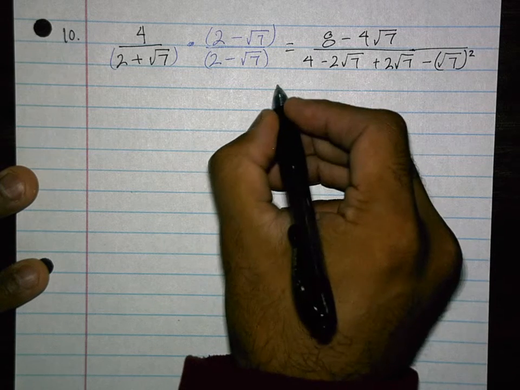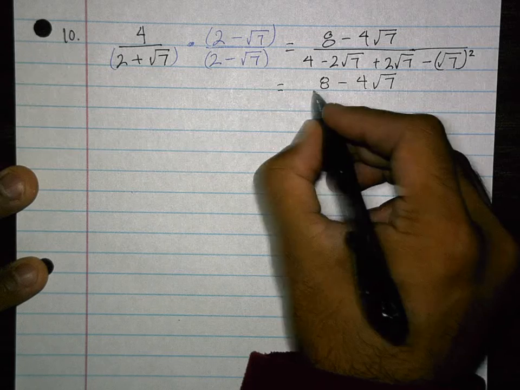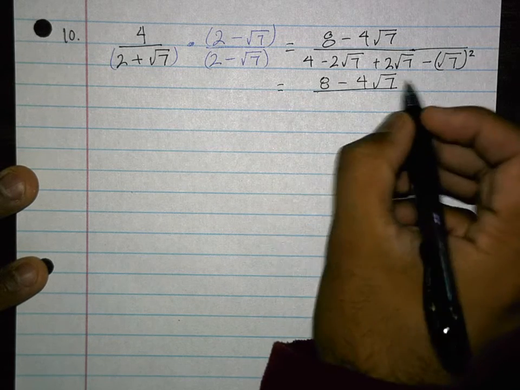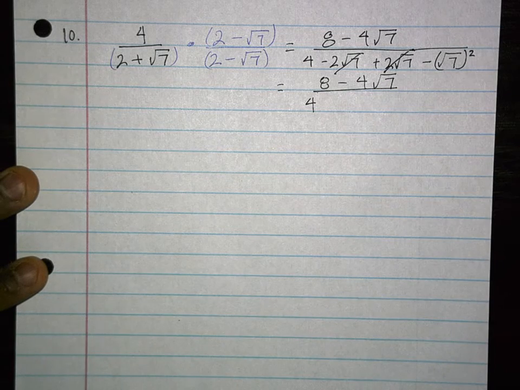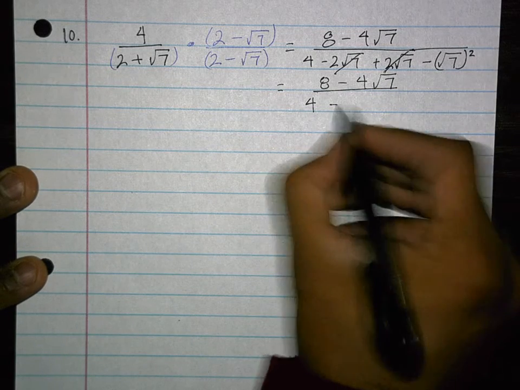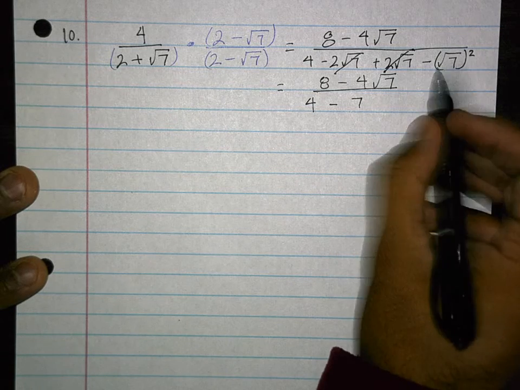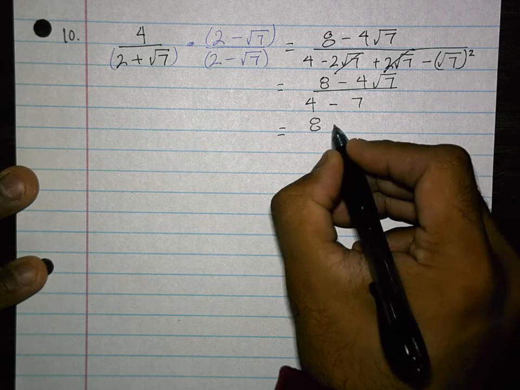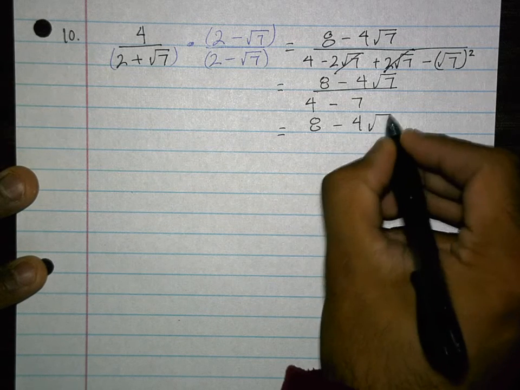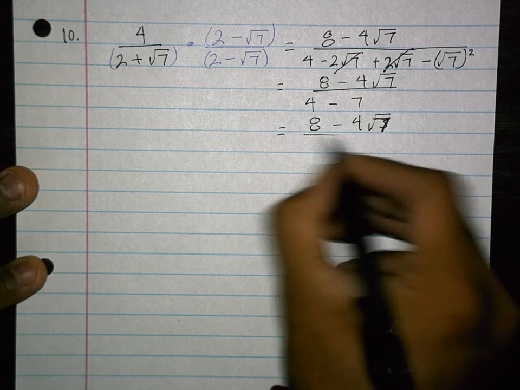And then I'm looking at 8 minus 4 root 7, okay, all over 4. Those should cross out if I did use a conjugate. Minus 7. Right, because remember a square root and a square are inverses, and then we're looking at 8 minus 4 root 7 all over negative 3.